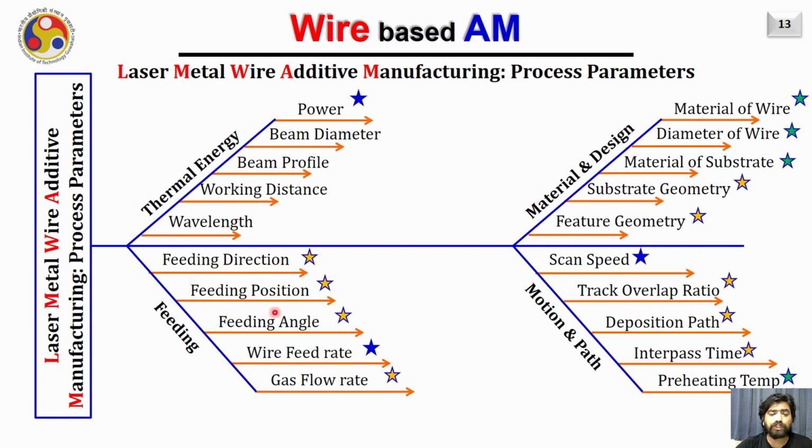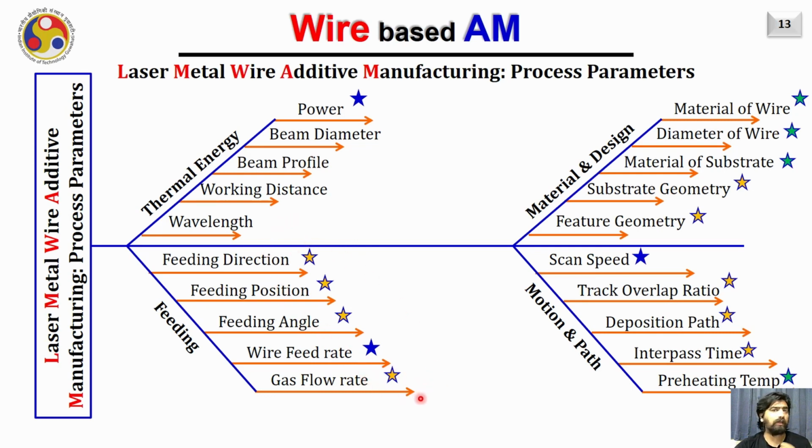Then the position of the feeding and the angle of the feeding. If you are feeding the wire from the side, at what angle you are feeding it into the melt pool, and at what position it is getting melted into the melt pool. We have seen the three positions: the leading edge, the center, and the trailing edge. Then the next are wire feed rate and gas flow rate. In all these process parameters, typically they are fixed for a particular geometry.